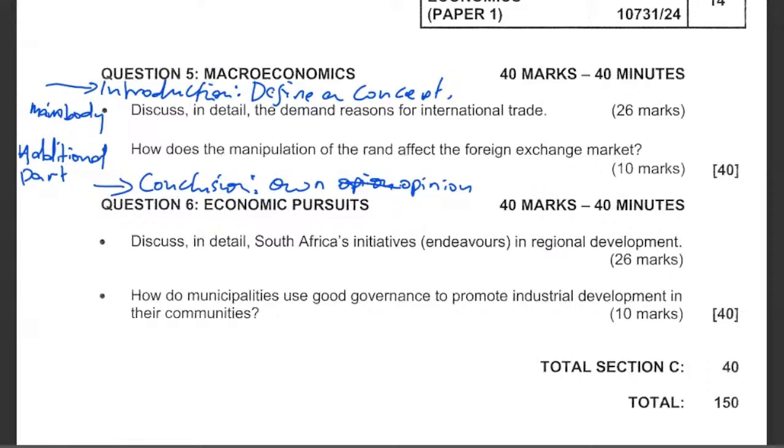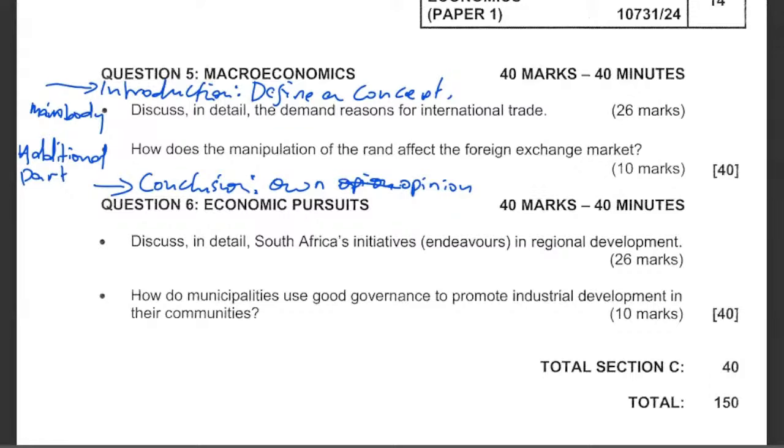Then we also check different levels of technical development, and we have to pay much attention to the cost of production, and the population size also plays a major role.